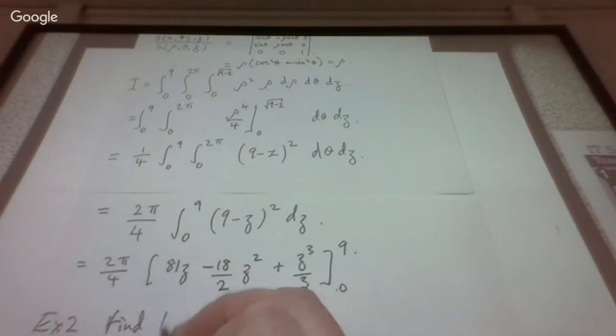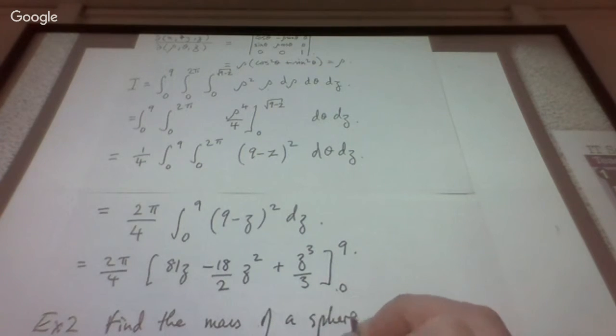This one asks us to find the mass of a sphere of radius A, speaking generally, radius A, whose density is inversely proportional to the square of the distance, the square of the radial distance.